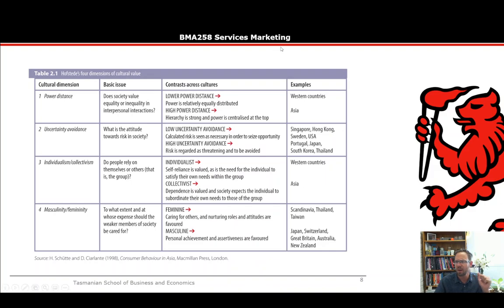The first one I want to look at is power distance. The basic issue with power distance is, does society value equality or inequality in interpersonal interactions? Someone with a lower power distance has power relatively equally distributed throughout society.